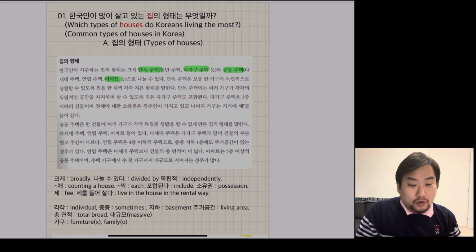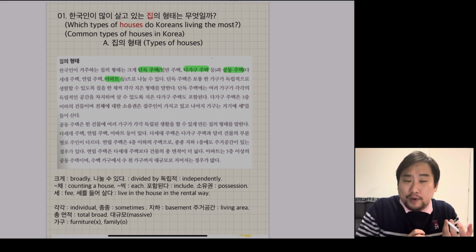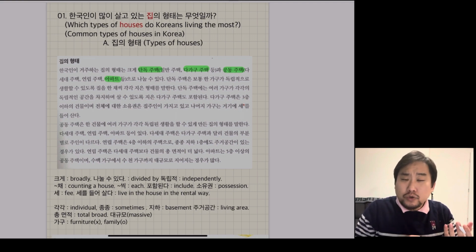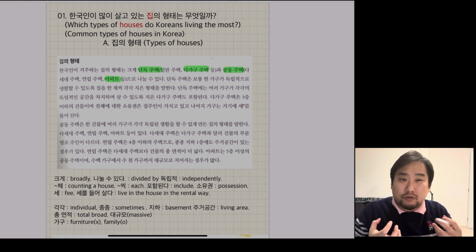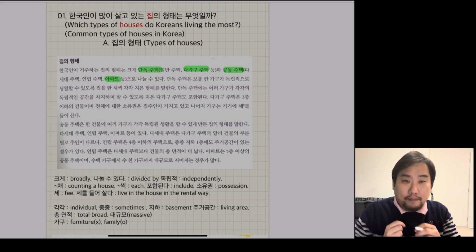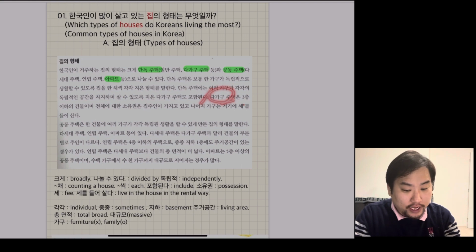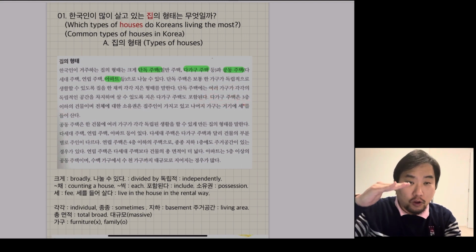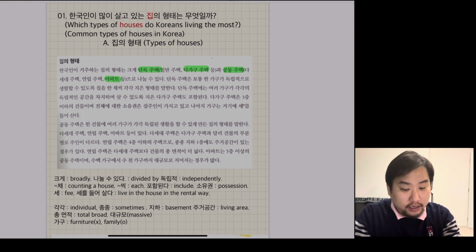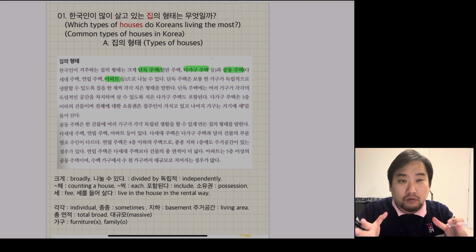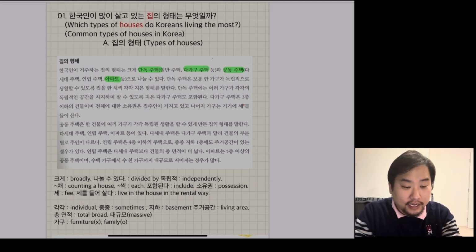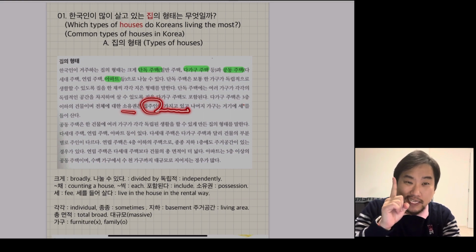So in the 단독주택, there would be a single family, but also if there are so many rooms and floors, there could be multiple families also living in there by paying money. And 다가구 주택은 3층 이하, lower than the third floor, 의 건물, building, 이며 전체에 대한 소유권, the possession of the whole building은 집주인이 가지고 있고, so there is only one single owner.